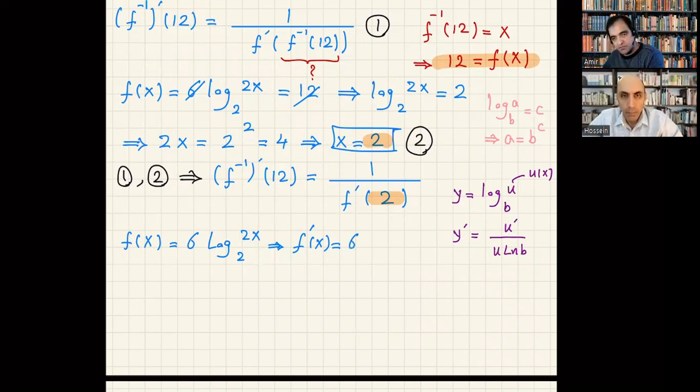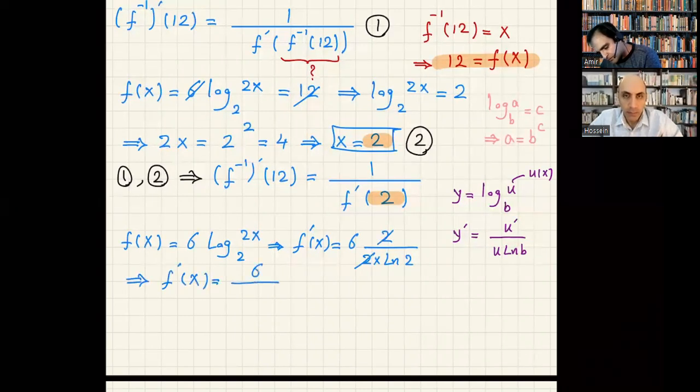The derivative of 2x in terms of x is 2, divided by u, which is 2x ln of 2. So these are going to cancel, and then f prime of x is equal to 6 over x ln of 2.